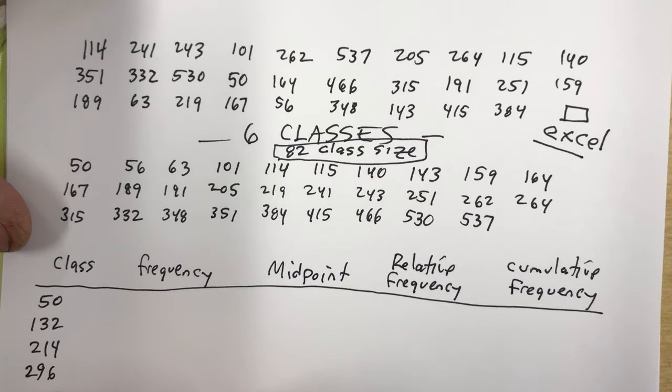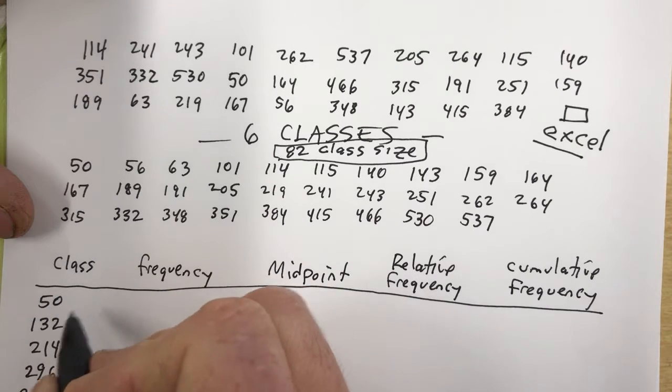Add 82 again, 378, and one more class. Add 82. That's going to be 460. Okay, and that should be my 6th class. That's the lower limits for each class.